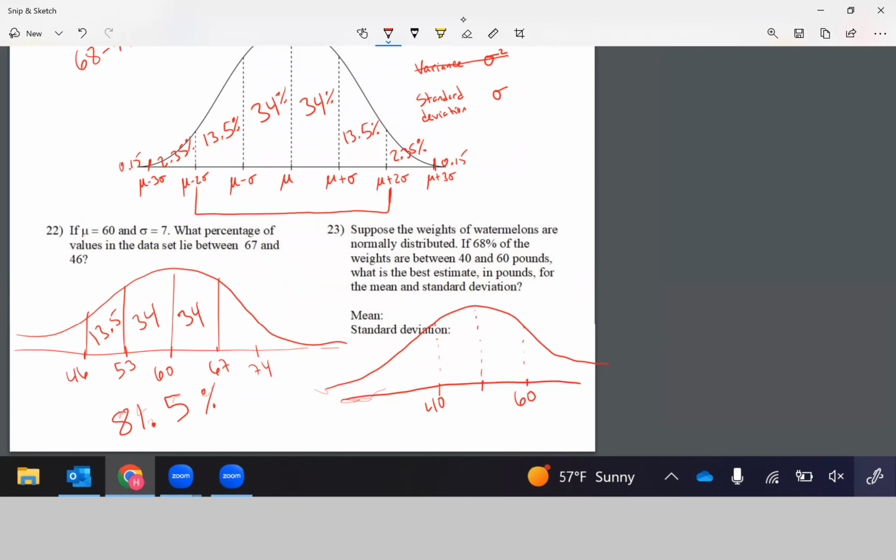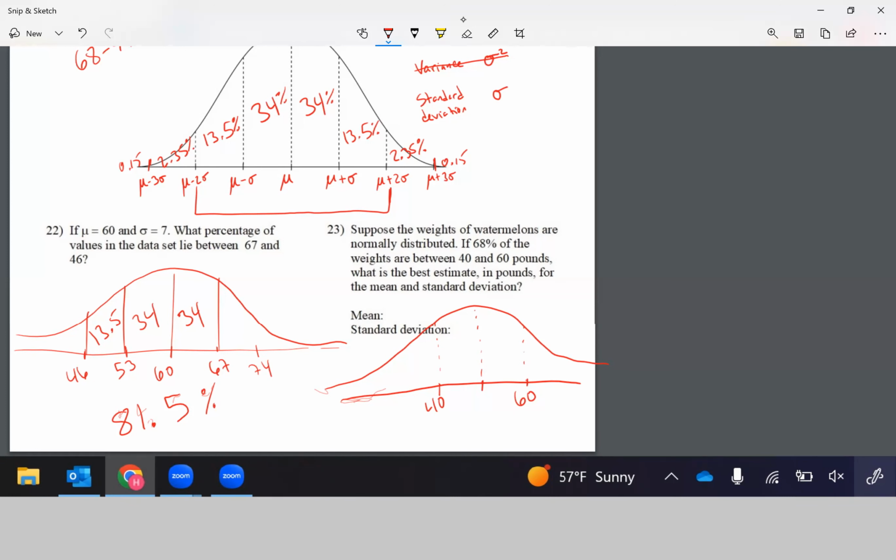What is the best estimate in pounds for the mean and the standard deviation? All right, for the mean, what number is in between 40 and 60?